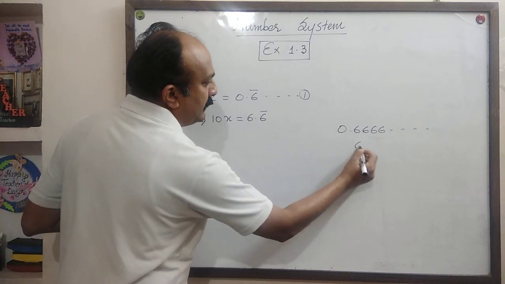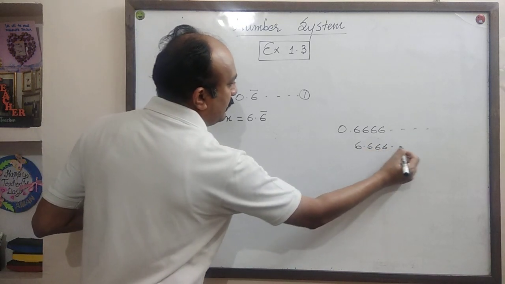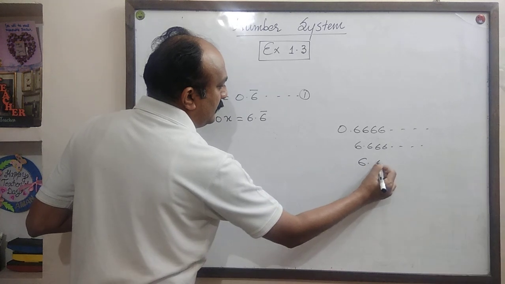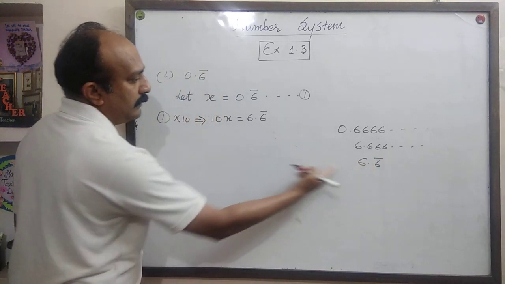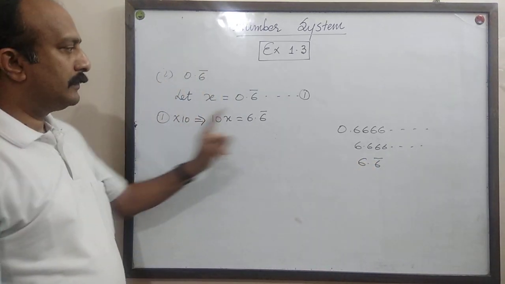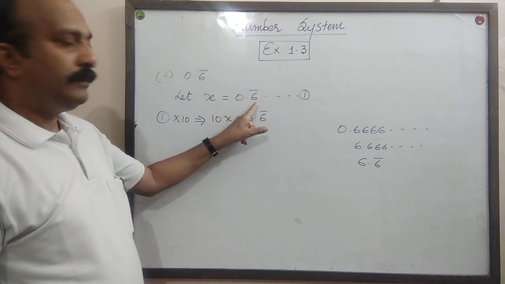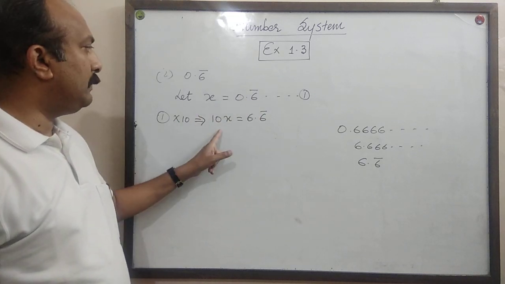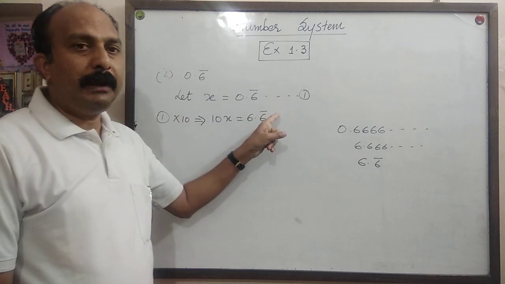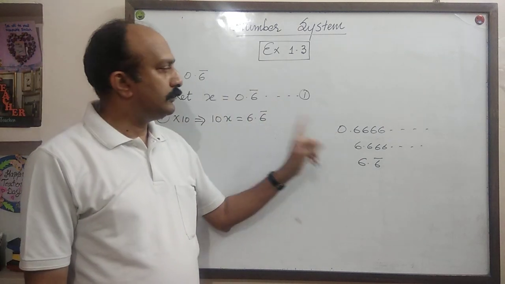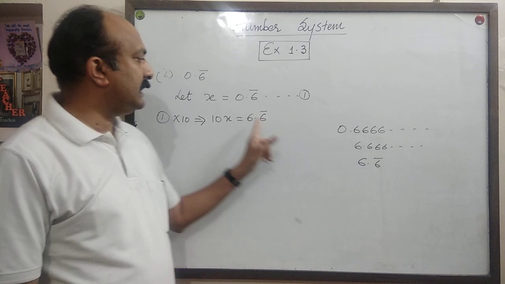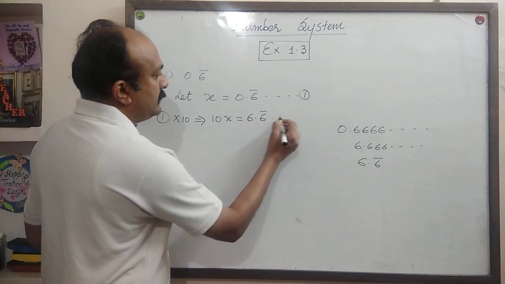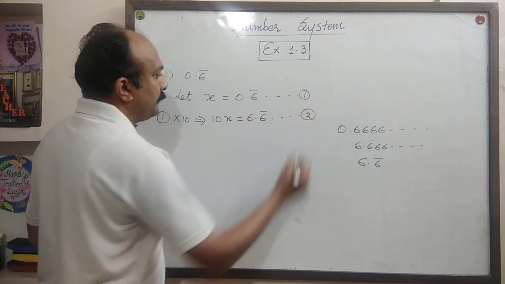So it will become 6.666 up to infinity, which is the same as 6.6 bar. So when 0.6 bar is multiplied by 10, the decimal place will move 1 to the right, so it will become 6.6 bar. Now keep it as equation number 2.